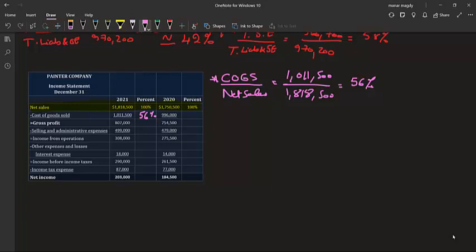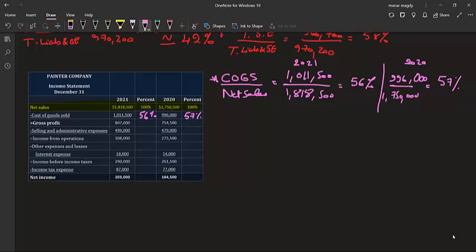And that is for year 2021. For year 2020, we're going to divide 996,000 divided by 1,750,000. The total amount equals to 57%. So the cost of goods sold decreased by 1% from year 2020 to year 2021.